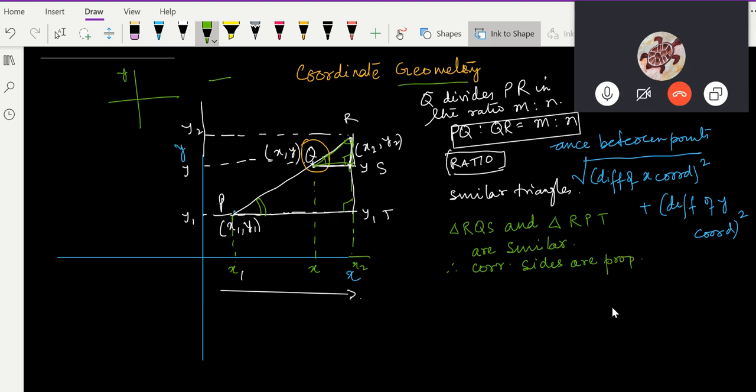So what are the corresponding sides? PR and QR, RT and RS, and PT and QS.